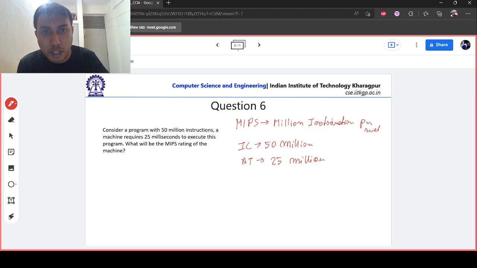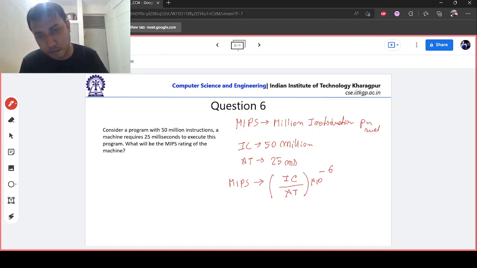So what will be the MIPS? MIPS is given by the formula IC divided by XT into 10 to the power minus 6.